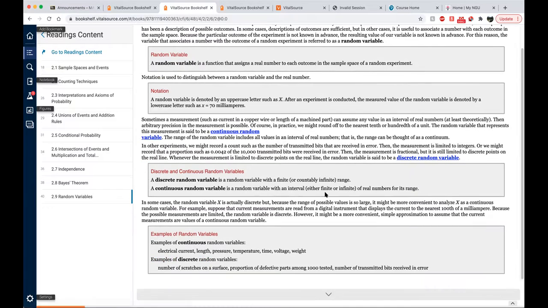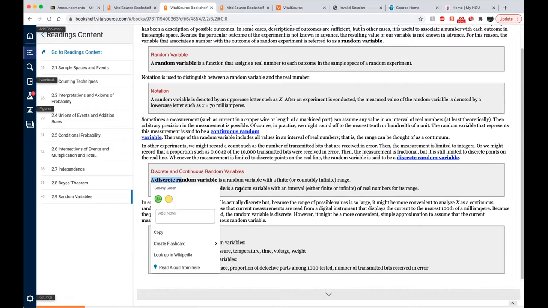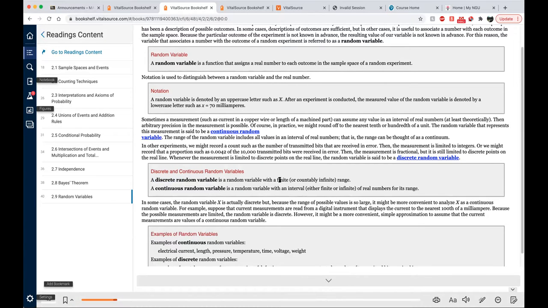Now, there are two types of random variable: discrete and continuous. Discrete is finite or countably infinite, for example the natural numbers 1, 2, 3, 4, 5. Even though this is infinite, we can count. Continuous is, for example, the real numbers.